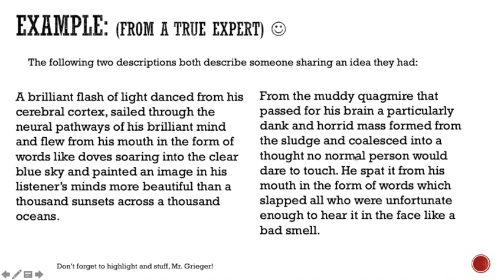On this one, we've got slapped all who were unfortunate enough to hear it in the face like a bad smell. Over here, danced from his cerebral cortex, sailed through the neural pathways of his brilliant mind, and flew from his mouth in the form of words like doves soaring into the clear blue sky, and painted an image in his listeners' minds more beautiful than 1,000 sunsets across 1,000 oceans.